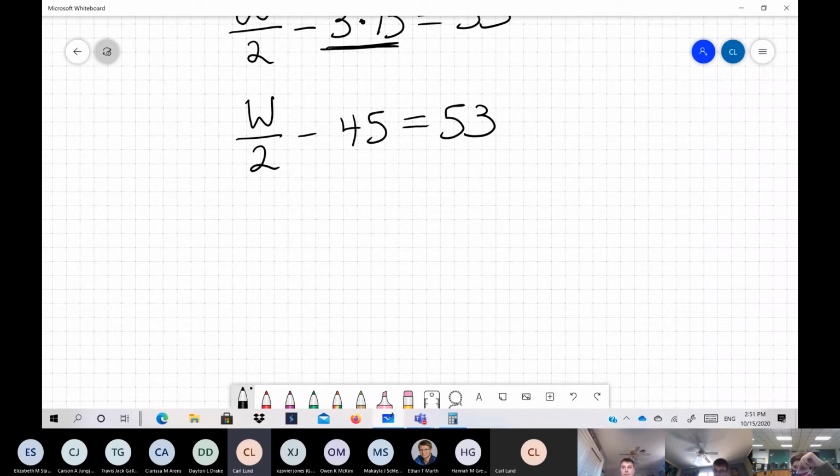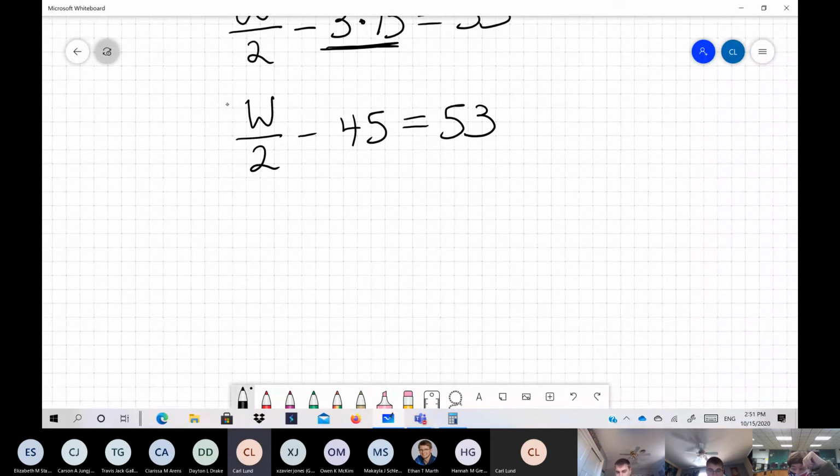What do I need to do to get rid of that fraction bar? That's right, Ethan. I need to multiply everything by 2.